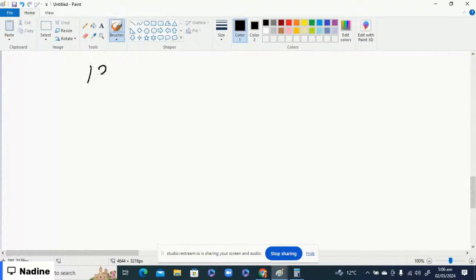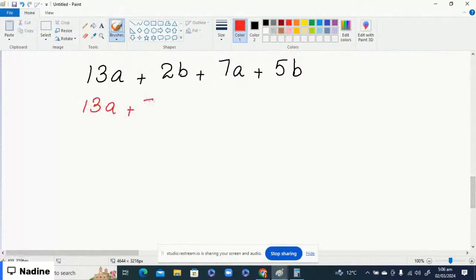Okay. All right. If I write here, for example, the question 13a plus 2b plus 7a plus 5b. First of all, combine all the same variables. What is the same one here? First one is 13a, add up with 7a, and then 2b, add up with 5b.